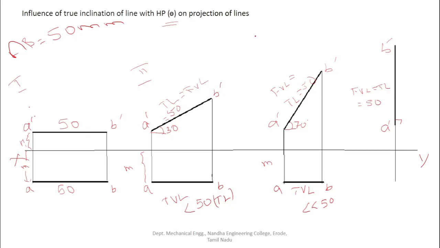Next, to draw the top view, project the vertical line from here, where the observer is, to view the top view.